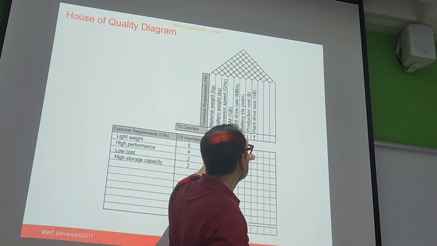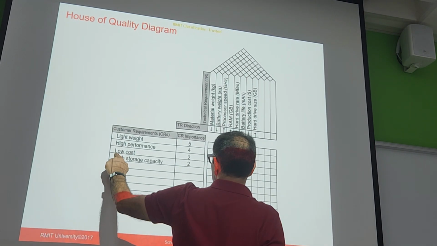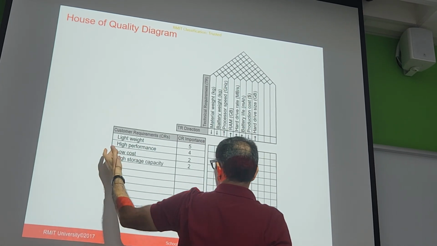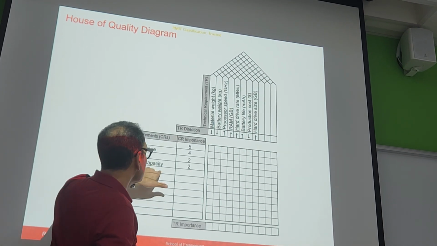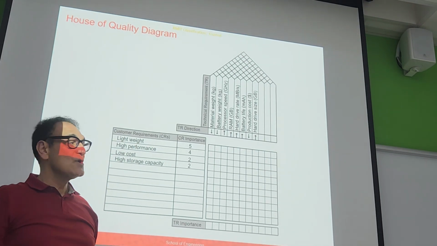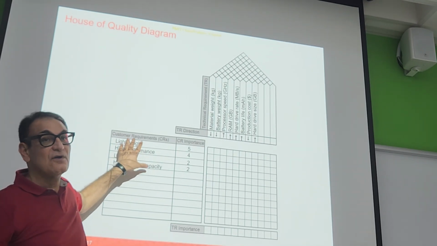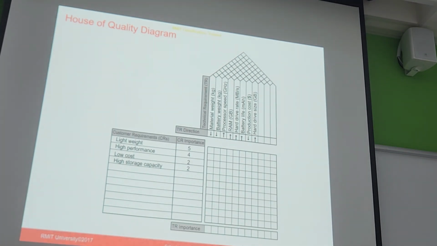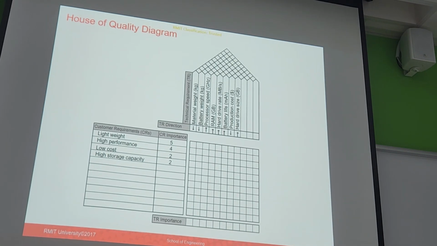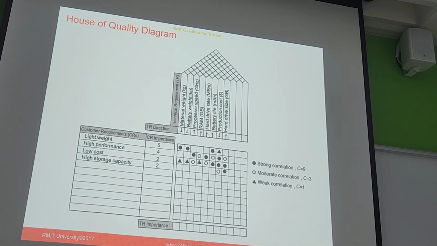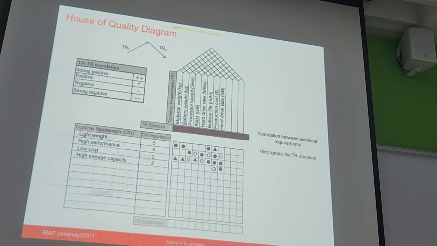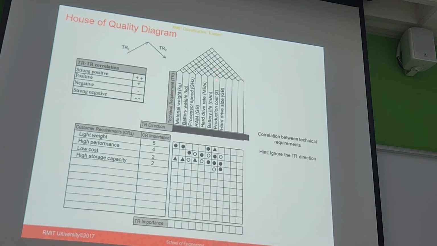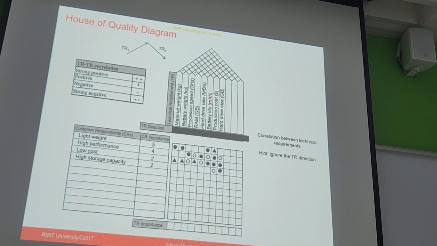We need a decrease of the production cost because of low cost. And the hard drive is maximized because it needs high storage capacity. Based on these 4, you consider as a technical person how many requirements we need. Then you put the numbers, strong, and the positive, and you fill it in here, as well as there.